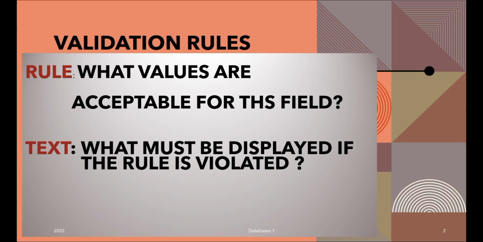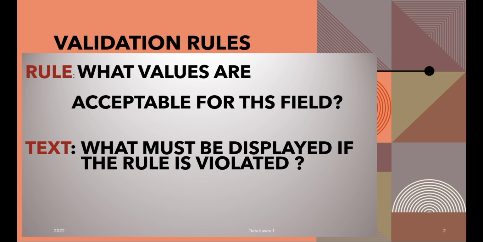Or if the amount that you have entered exceeds the amount that is available in your account, the text will pop up telling you so. This is the same criteria that we are going to use with the validation rule and the validation text.